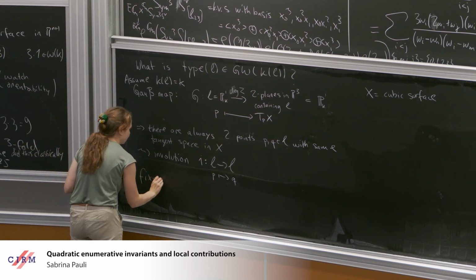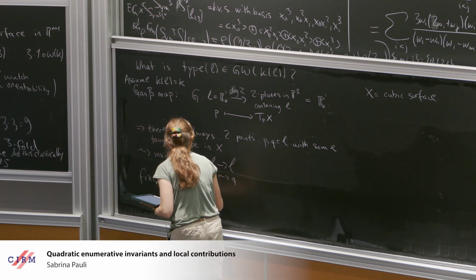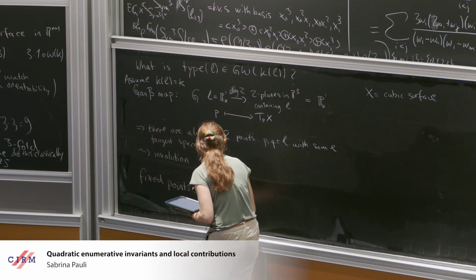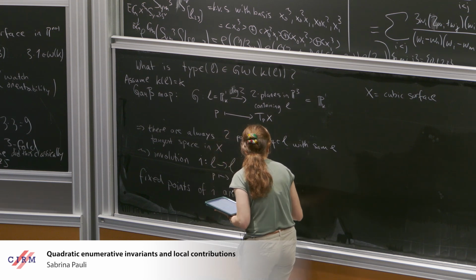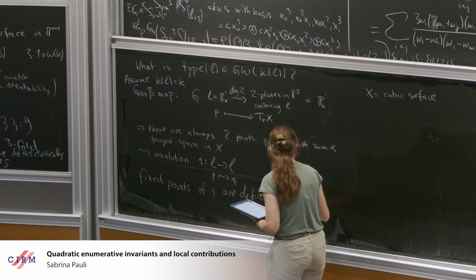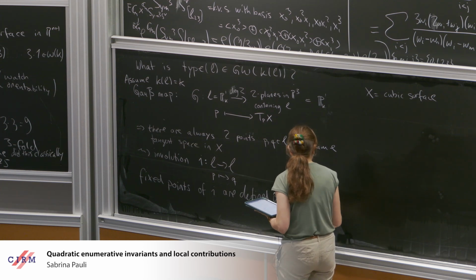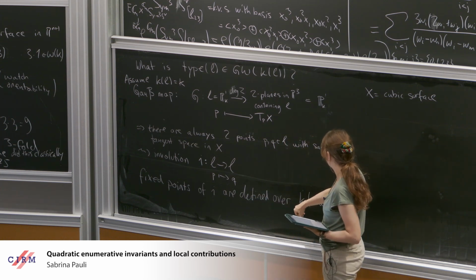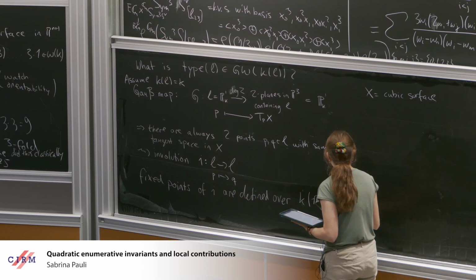The fixed points of this involution are defined over, you might have to adjoin a square root of something, but they might either live over K, or you have to adjoin a square root of something which is not a square.